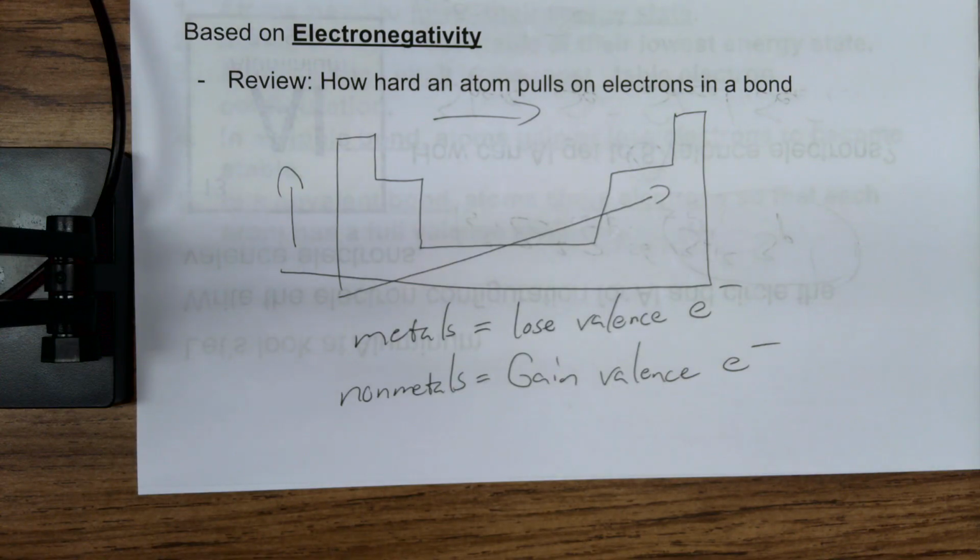Especially when we're talking about ionic bonding. Someone's got to steal an electron. Someone has to give up an electron. At that point, one becomes more positive, one becomes more negative. That's our goal here. If we know this trend starting out, we're going to be in a good place.